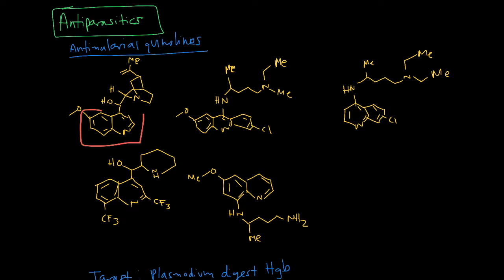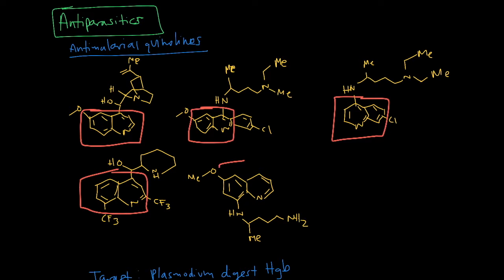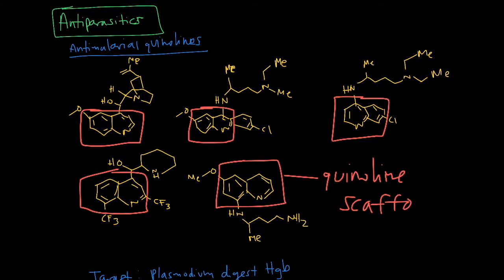So quinolines all have two 6-membered rings, one without a nitrogen and one with a nitrogen. The red indicates your quinoline scaffold. And remember, your quinoline scaffold contains two 6-membered rings, one without a nitrogen and one with a nitrogen.